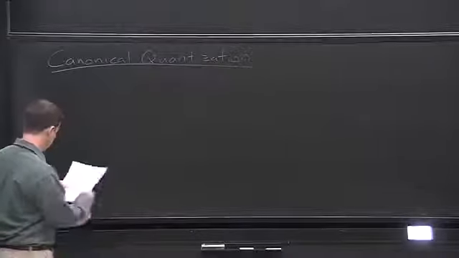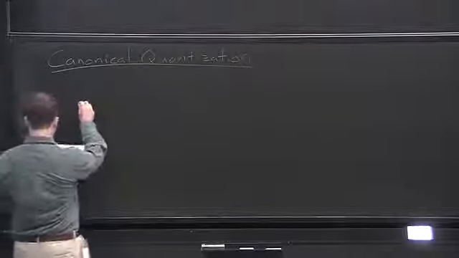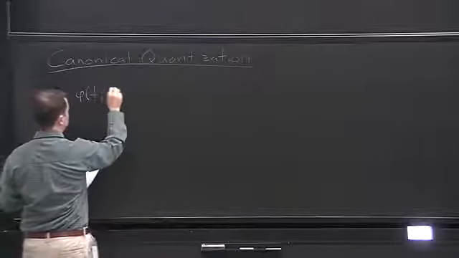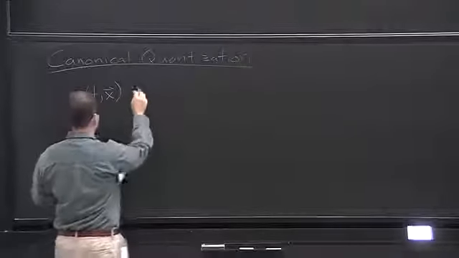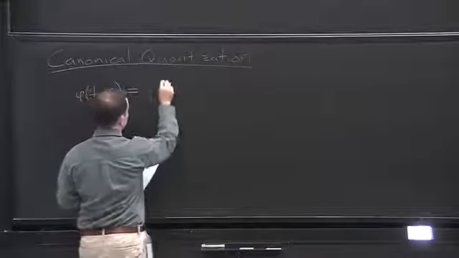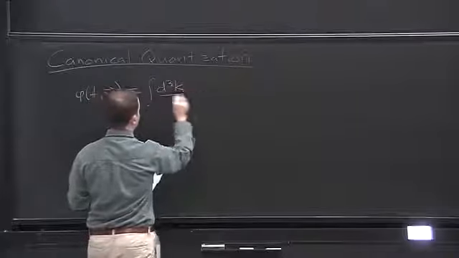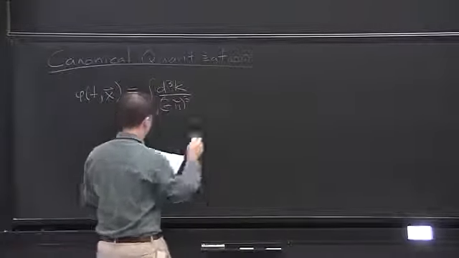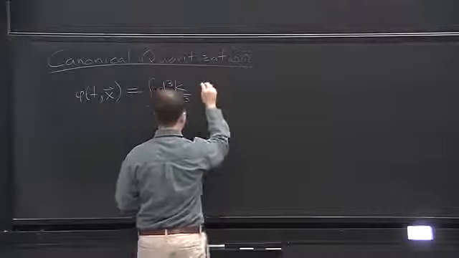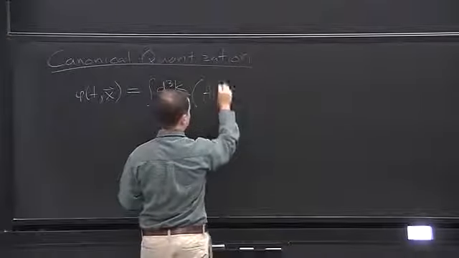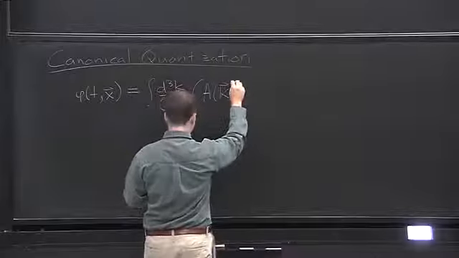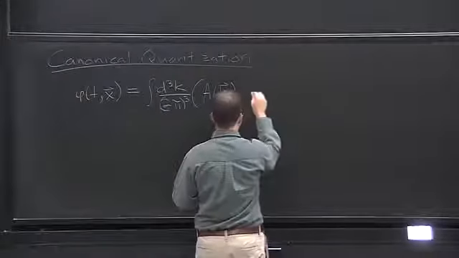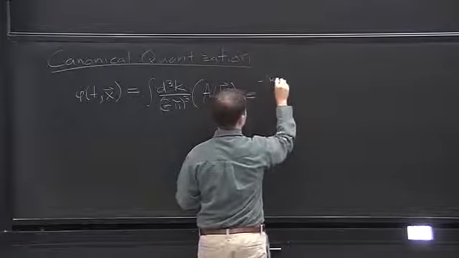And just to remind you what that solution was, we left off last time, we found a mode expansion for the Klein-Gordon field. It solved the Klein-Gordon equation, the Euler-Lagrange equation for a free real scalar field, and took this form.